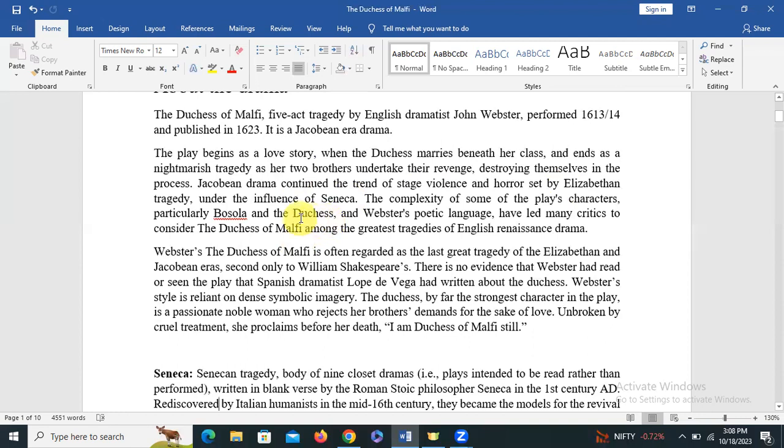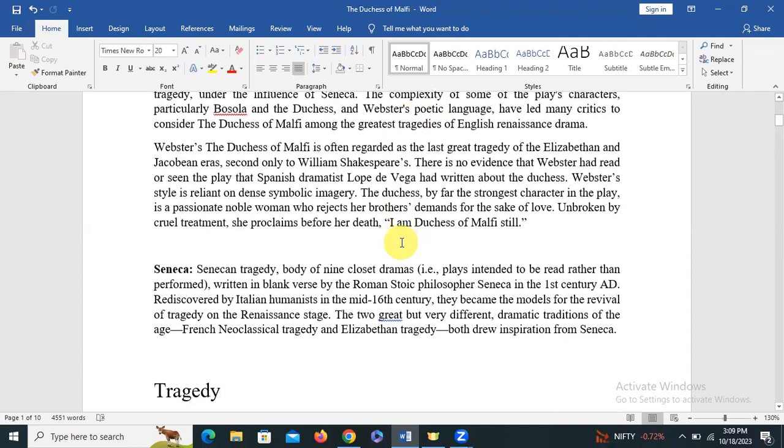They have a kind of complex role, and the drama has been written in a poetic form. So the people say that all these things make it one of the greatest tragedies of English Renaissance drama.